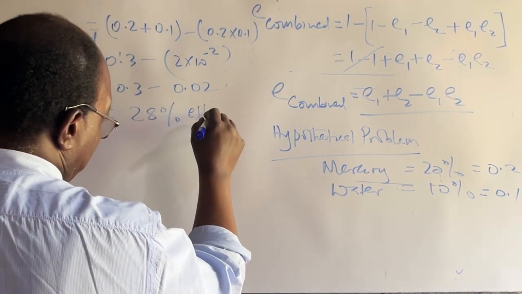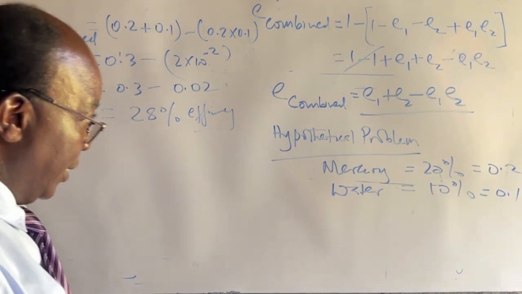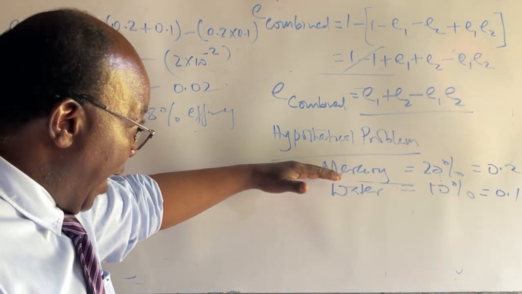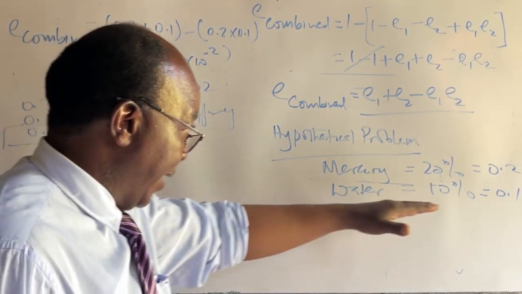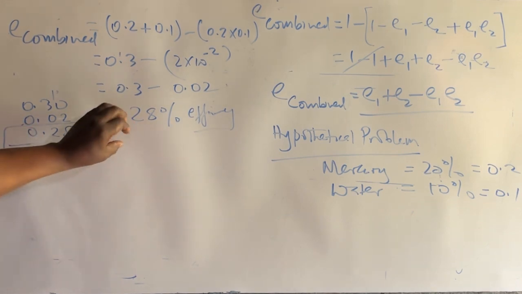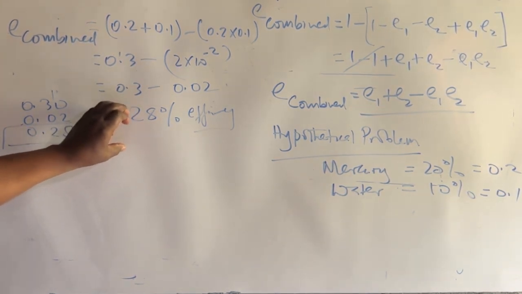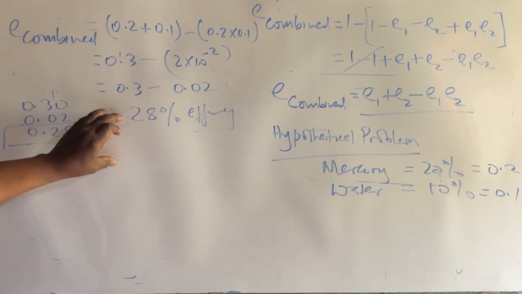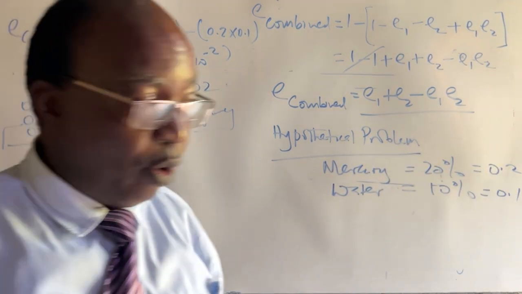Now, what is the significance of this result? The mercury cycle had 20% efficiency. The water Rankine cycle had 10% efficiency. We notice that the combined efficiency of the binary vapor cycle is greater than either of the individual efficiencies.